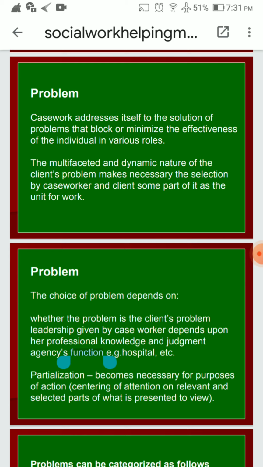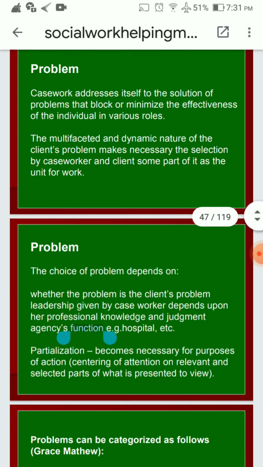So we have our different techniques and strategies of being a social worker. The multifaceted and dynamic nature of the client's problem makes necessary the selection by the caseworker and the client of some part of it as the unit for work.